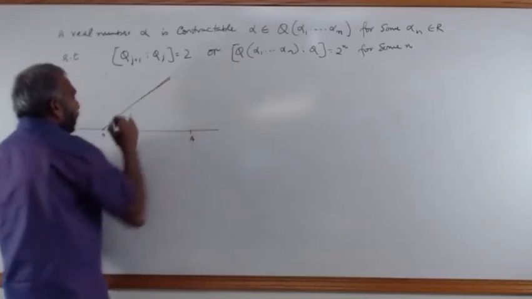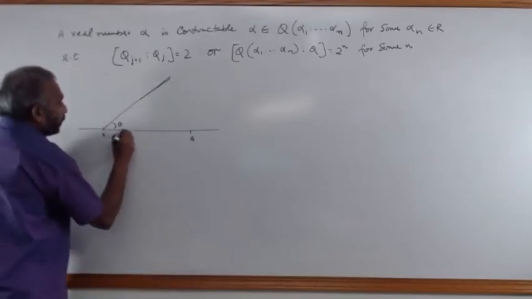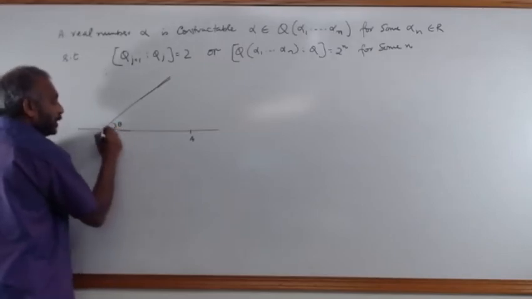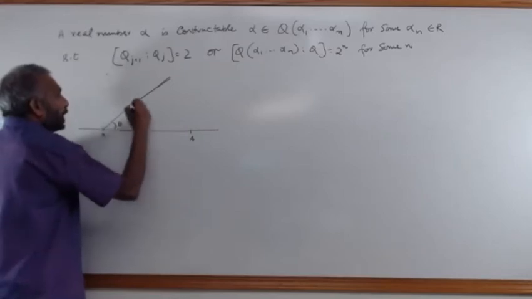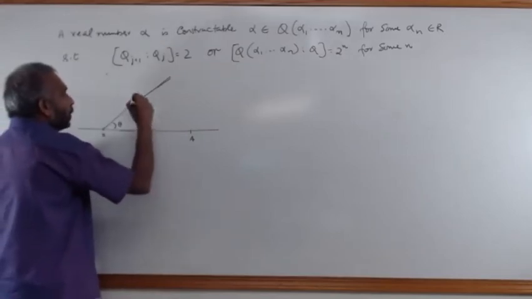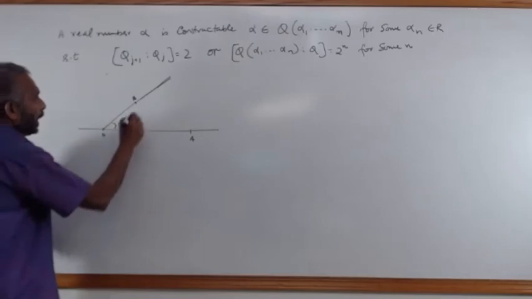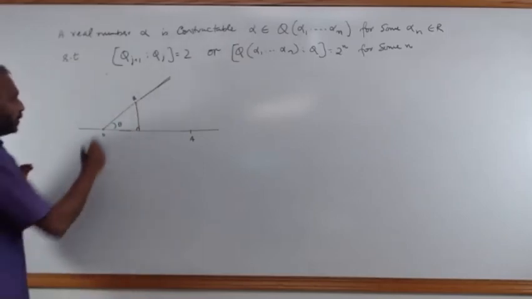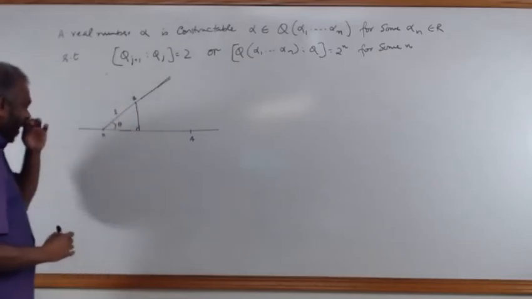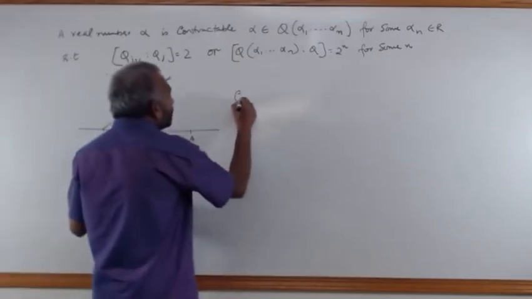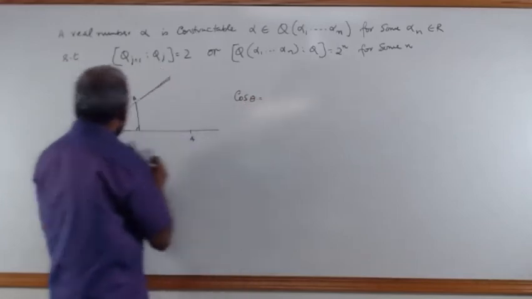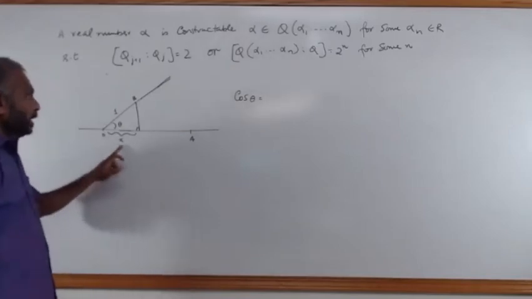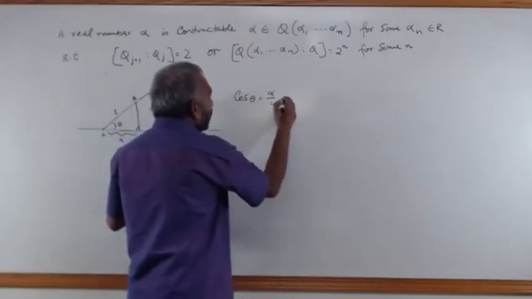So what we do is, let us assume that this can be constructed. So let us take a unit length here and draw a perpendicular line. So this is 1. So cos theta is equal to this element by 1, or its alpha.